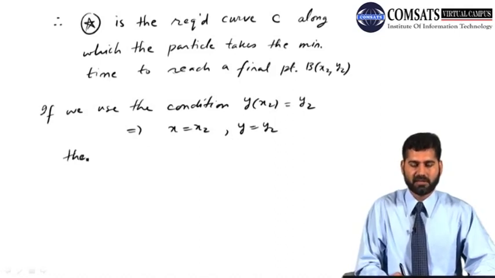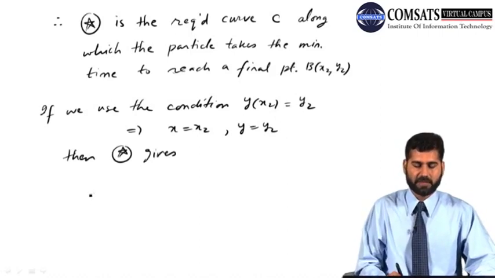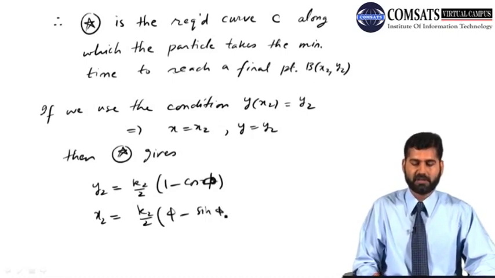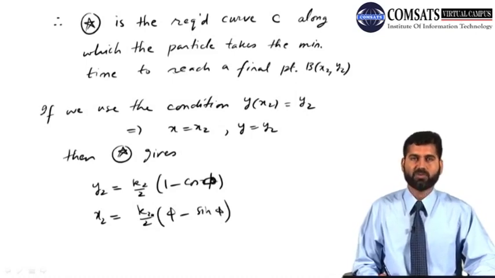Then star gives y2 equal to k2 by 2 times (1 minus cos phi), and x2 is equal to k2 by 2 times (phi minus sine phi). So from here you can obtain the value of k2 in terms of phi or x2, y2.